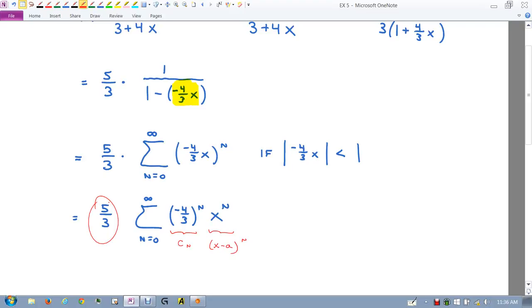Let's make sure, though, we have a control on that absolute value. So let's get our interval of convergence. From this, that's really 4/3 times absolute value of x less than 1. The absolute value of negative 4/3 is just 4/3, and the absolute value of x is the absolute value of x. Multiply by the reciprocal, 3/4.